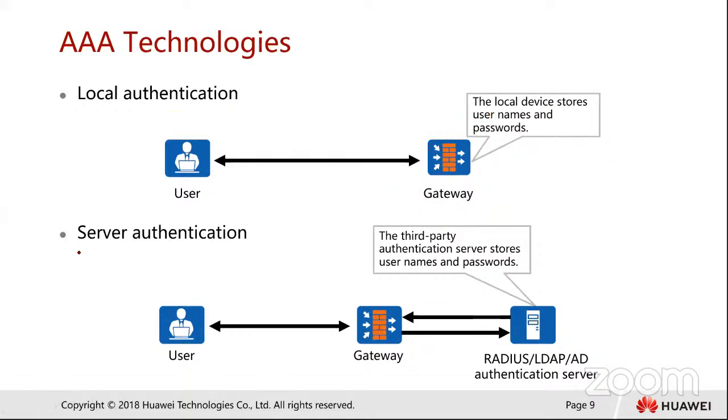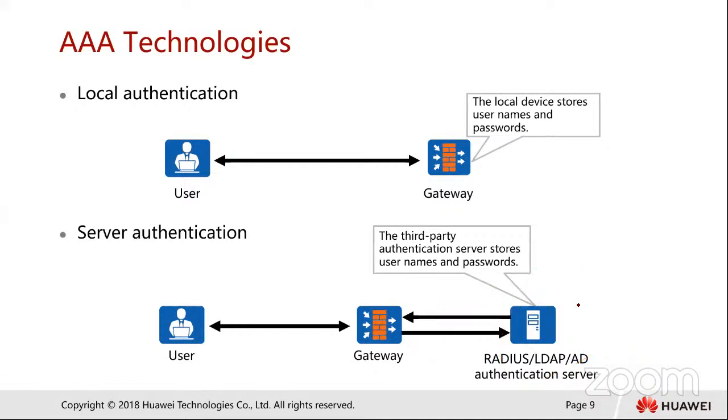Whereas with server authentication, which is the third one, it configures users' information, including the username and password and attributes, on a third-party authentication server, and AAA can remotely authenticate users through the Remote Authentication Dial-In User Service, the RADIUS protocol, or the Huawei Terminal Access Controller Access Control System, the HWTACACS protocol.